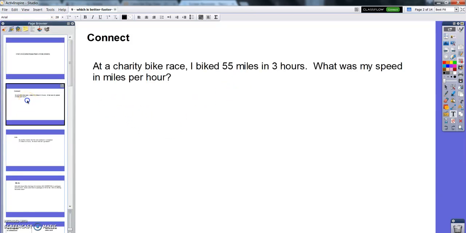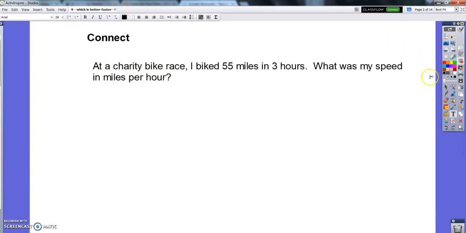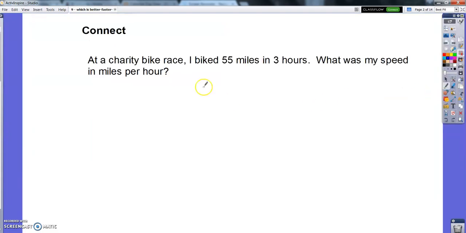Alright, let's do a quick unit rate review problem just to spin back to where we were before. This was a typical unit rate problem we did before. At a charity bike race, I biked 55 miles in 3 hours. What was my speed in miles per hour? I'm going to solve that with one strategy.